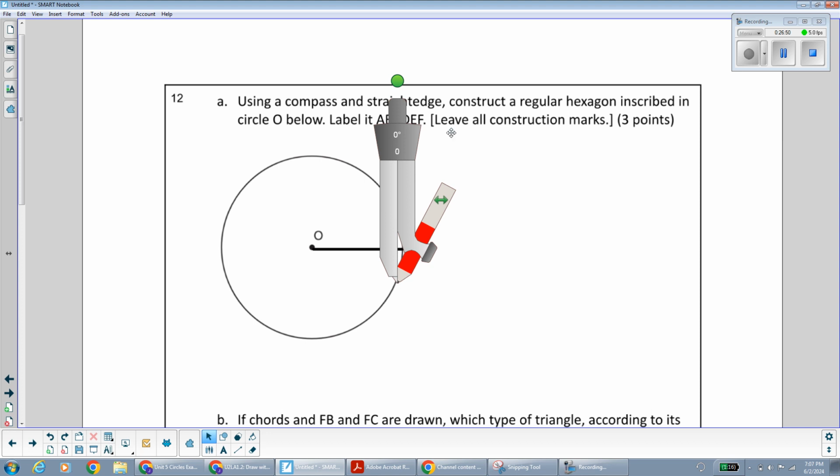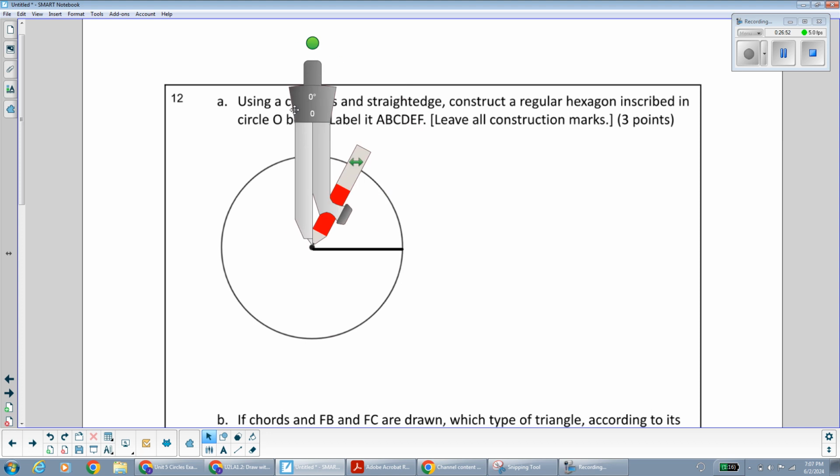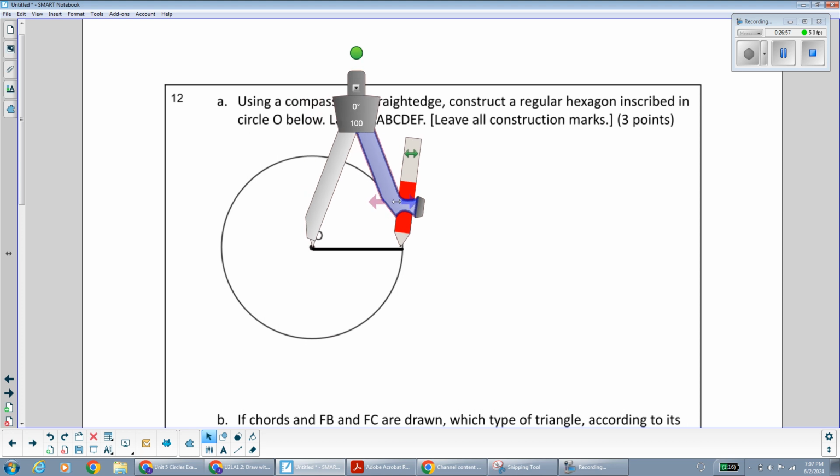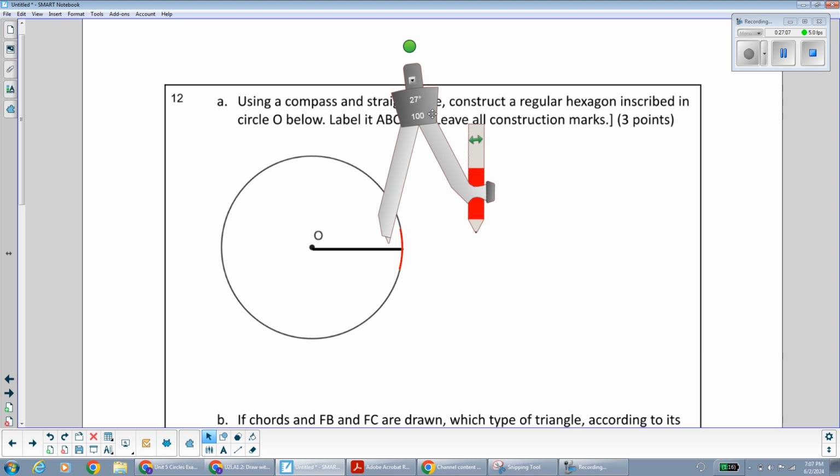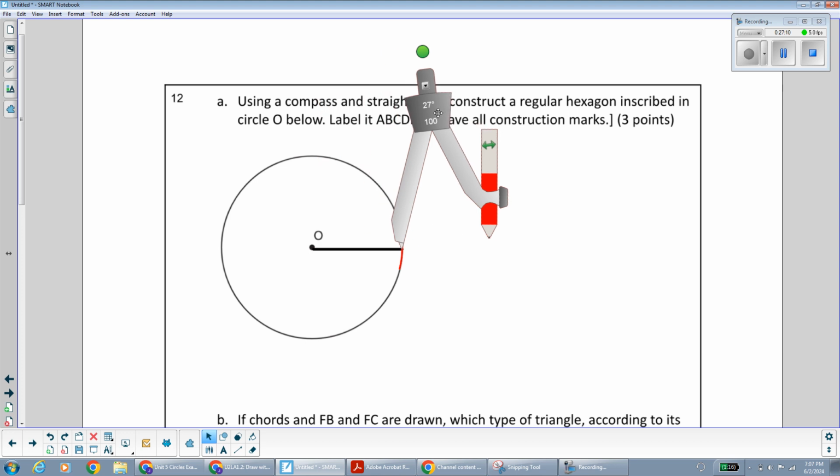But I am going to try to be as accurate as possible, though it's hard on the computer. So I'm going to open up the length of the radius as best as I can, and measure that length. I'm going to put my compass over to that point where the radius intersects the circumference of the circle.